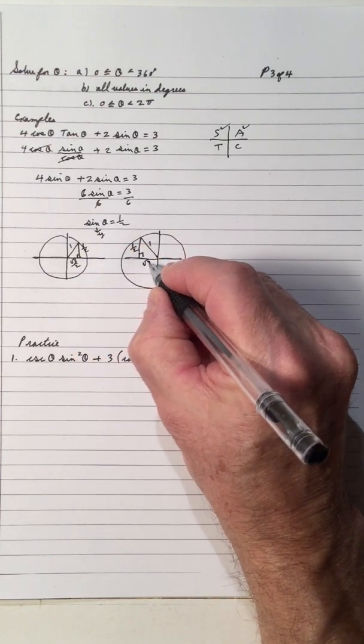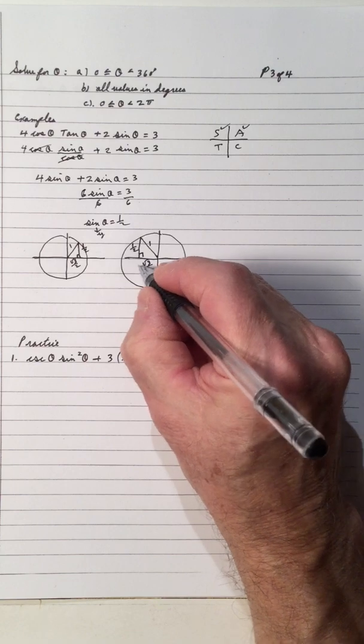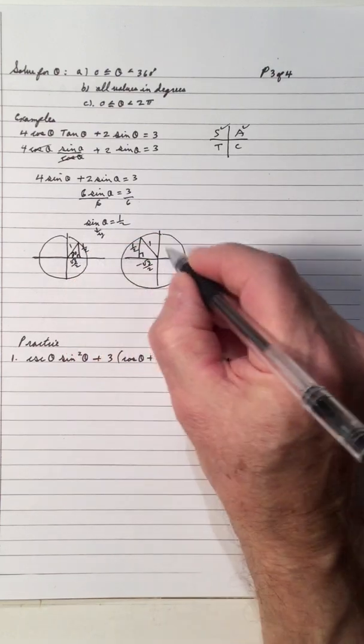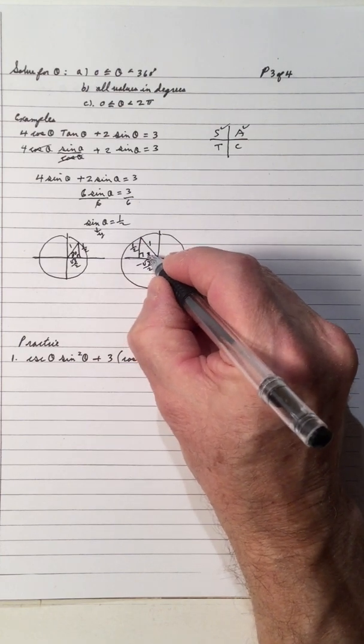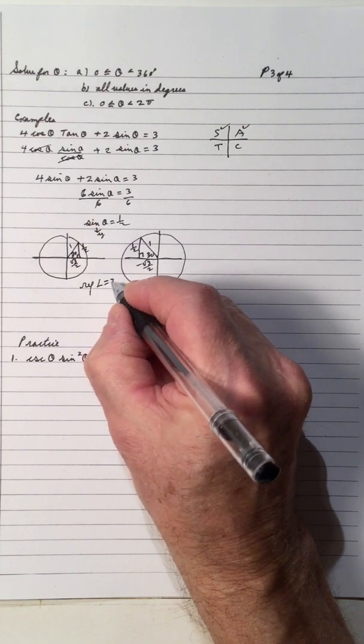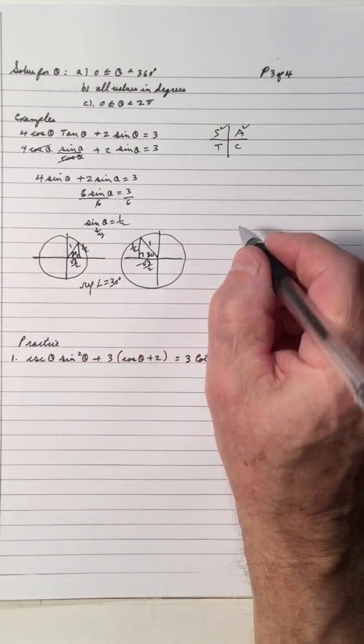And in this second quadrant, the x is root 3 over 2, but it's negative. Opposite a half is a 30-degree angle. Opposite this half is a 30-degree angle. So the reference angle is 30 degrees.